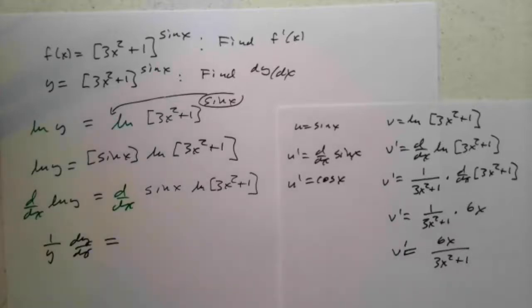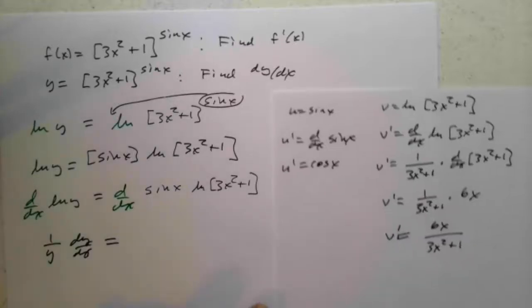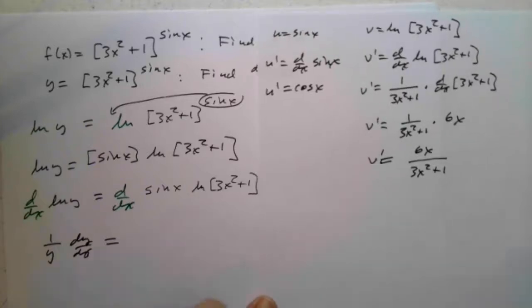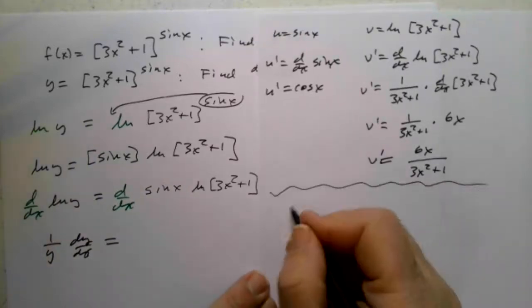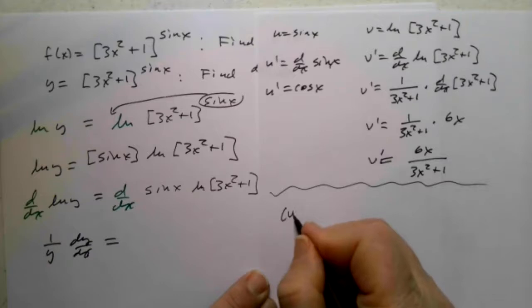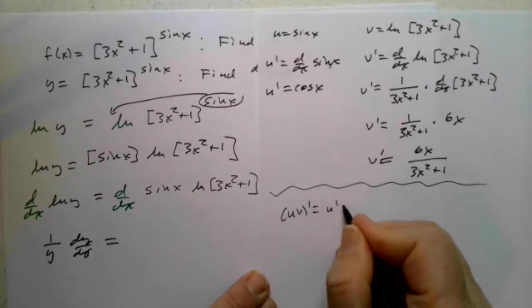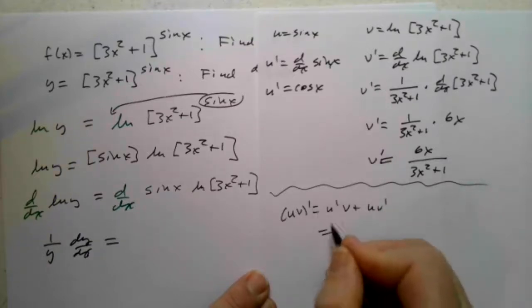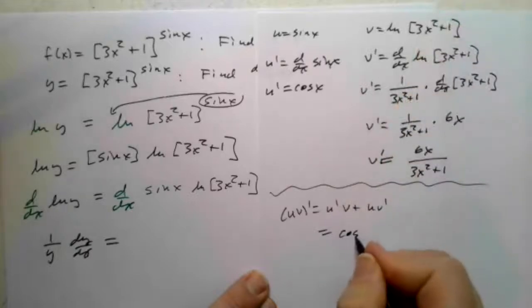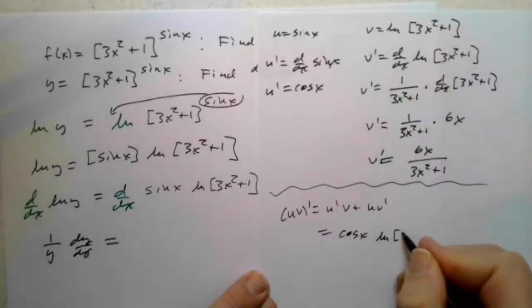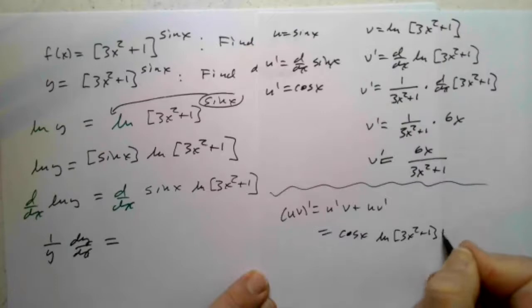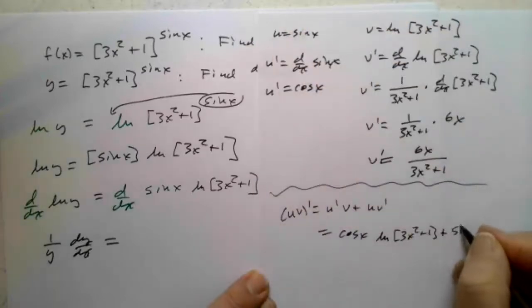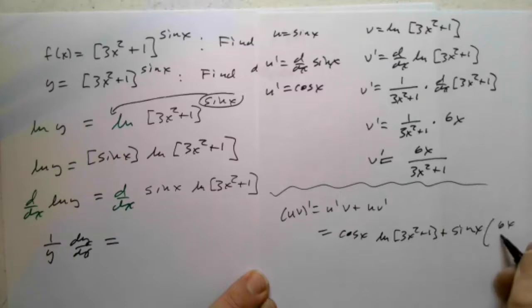So we've done all of that, but then what do we have to do? Then we have to find the derivative using the product rule, right? uv prime is u prime v plus u v prime. u prime v is cos x times the natural log of 3x squared plus 1, plus u, sine x, times v prime, which is 6x over 3x squared plus 1.